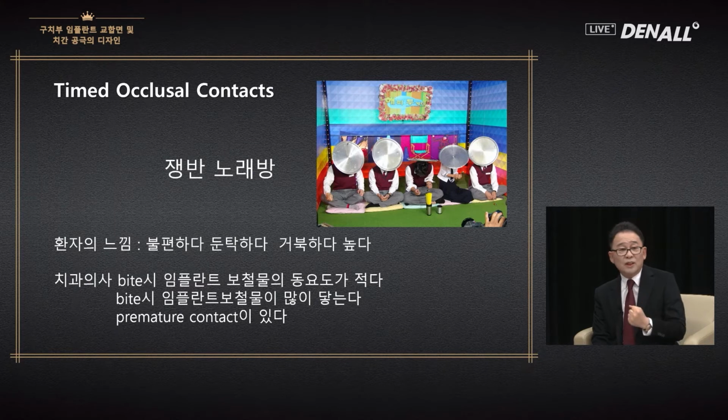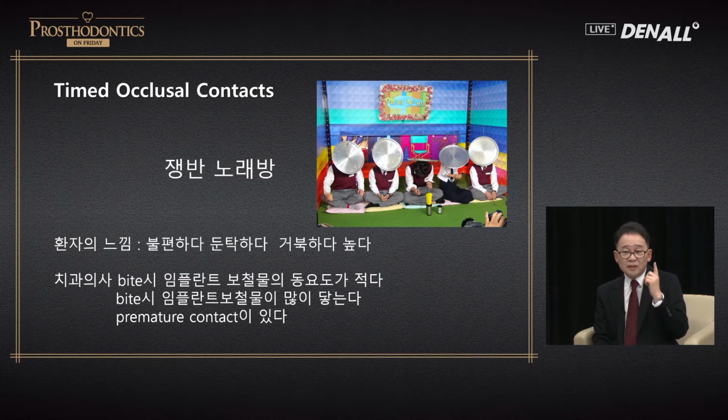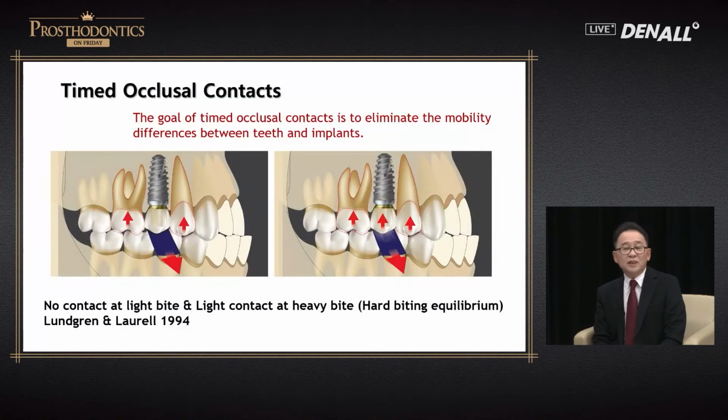So when the patient complains of discomfort, there's no problem when you see the occlusal marks, but the dentist should think there is a little mobility of the implant prosthesis under bite, and the implant prosthesis has a lot of contact when biting, and premature contact is a lot that needs to be adjusted.